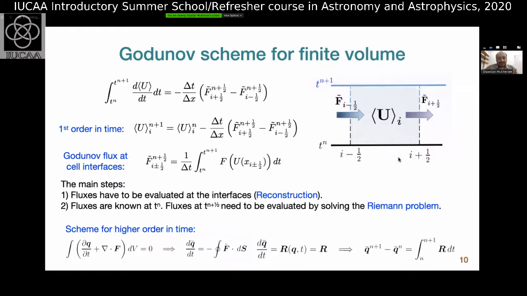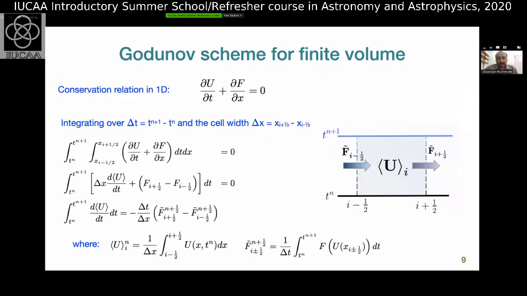Now, this is the challenging part. The fluxes at the interfaces are not easily available. If you look at this equation, there is a time integral involved here. The fluxes here are at time tn, but I have taken it out of the integration, so I have partially integrated them.